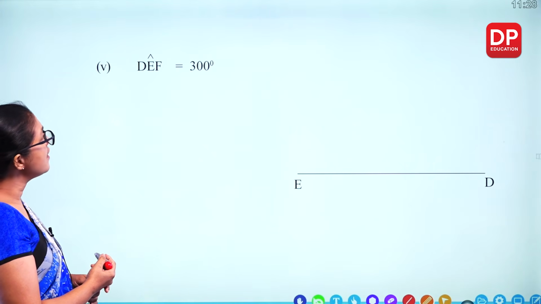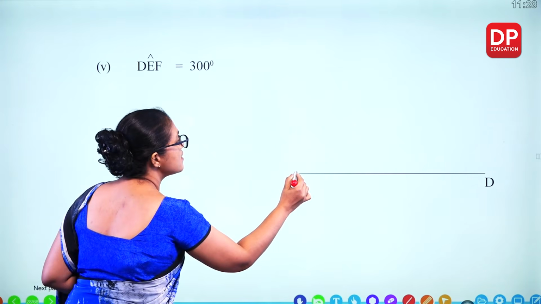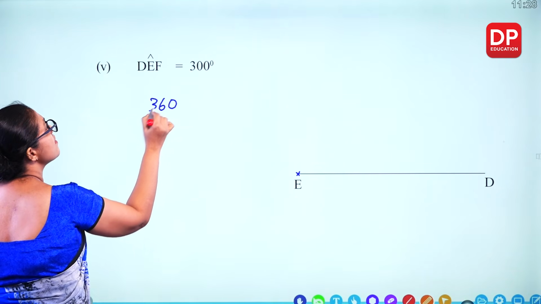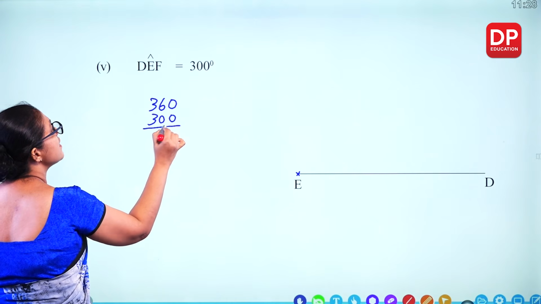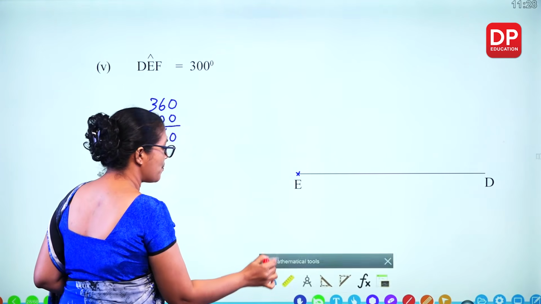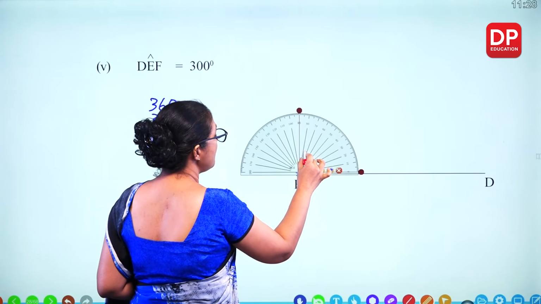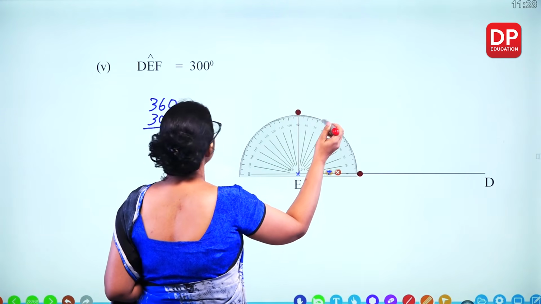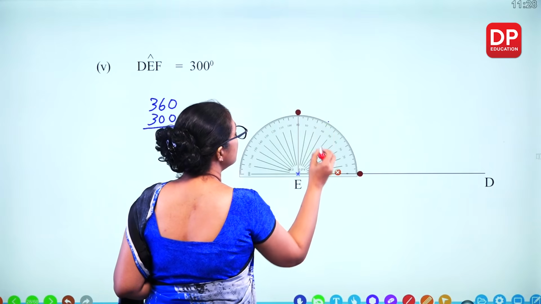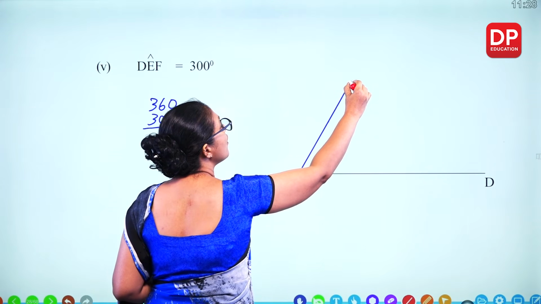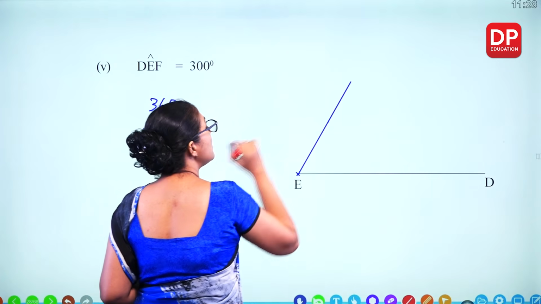DEF 300, E angle. So this is the E angle. So that's a reflex. 360 minus 300, you get 60 degrees. So you can mark 60 degrees from the protractor, and the other angle is the reflex angle 300. So mark the 60-degree angle here and connect the point with the ruler.